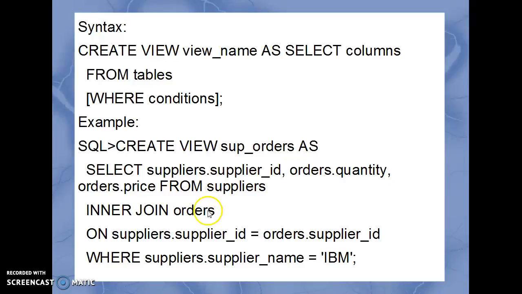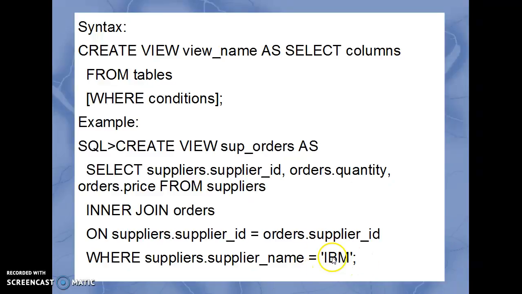From suppliers, we also join the two tables, suppliers and orders. Here is an equi-join: we can apply the equi-join on suppliers.supplier_ID and orders.supplier_ID. If both are equal, if this condition is true, where the supplier name is IBM.